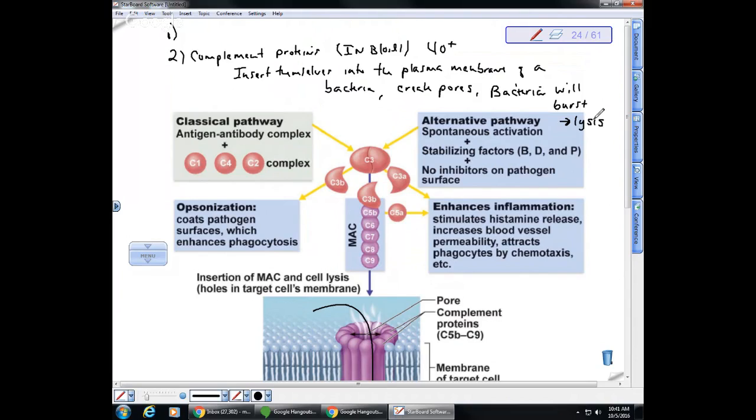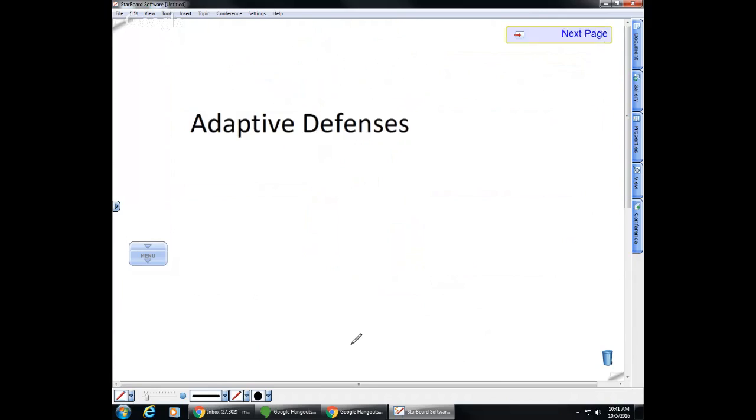Okay. It also interacts with other parts of the immune system. So here it coats the surfaces and enhances phagocytosis, right? And it also stimulates the release of histamine so that the blood vessels will become leaky. But this is the one particular pathway that I want you to look at, creating the pores.